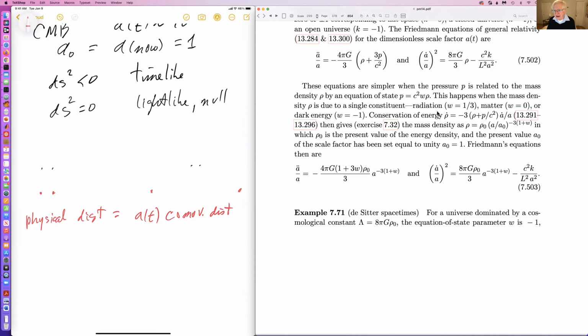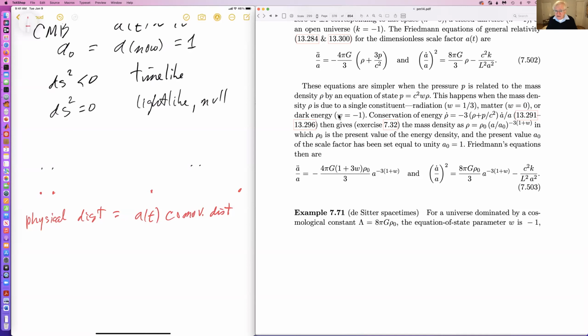The deal is that you can calculate if it's radiation, W should be a third. If it's matter, W should be approximately zero, in the sense that the idea here is that the matter particles aren't interacting. So that's why it's not 100% theoretical.